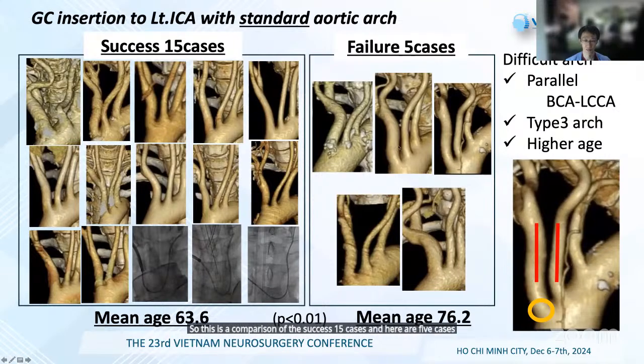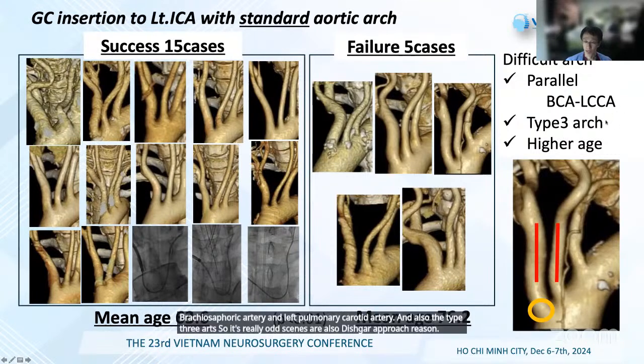By comparing these pictures, the difficult arch has a parallel brachiocephalic artery and left common carotid artery, like this. And also the type 3 arch. Type 3 arch is also a difficult approach.